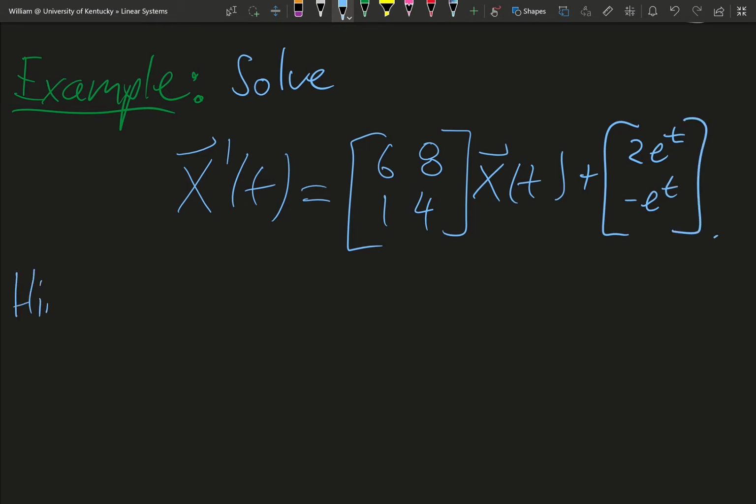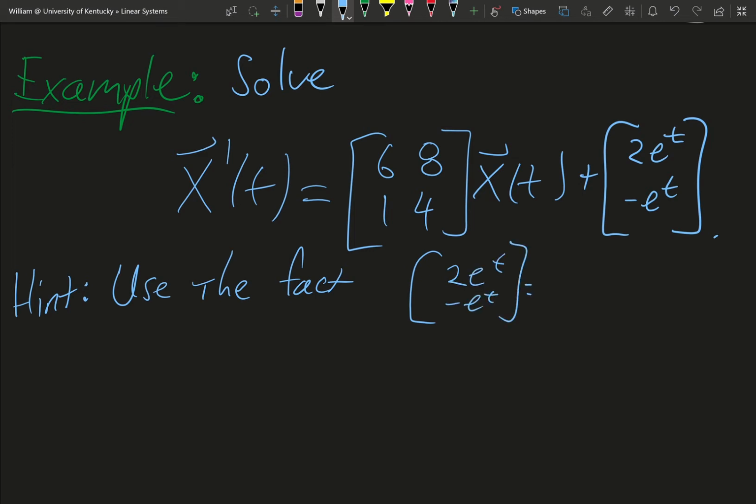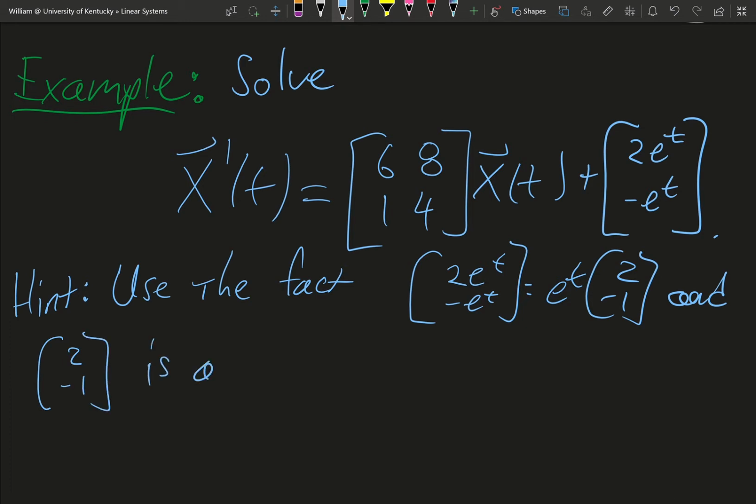And because this is a first problem, just to get the idea, we're going to use the fact that 2e to the t, negative e to the t equals e to the t times the vector 2, negative 1, and 2, negative 1 is an eigenvector of our matrix.